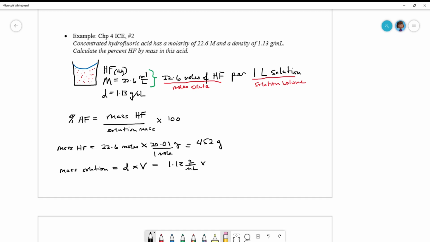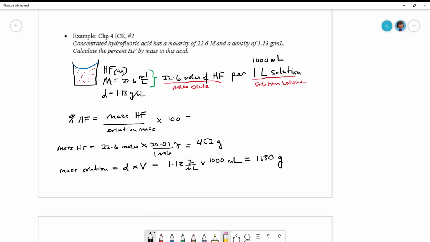This volume is 1 liter, and 1 liter is the same as 1,000 milliliters. So using 1,000 milliliters here, milliliters cancel milliliters, and we end up with 1,130 grams of solution.